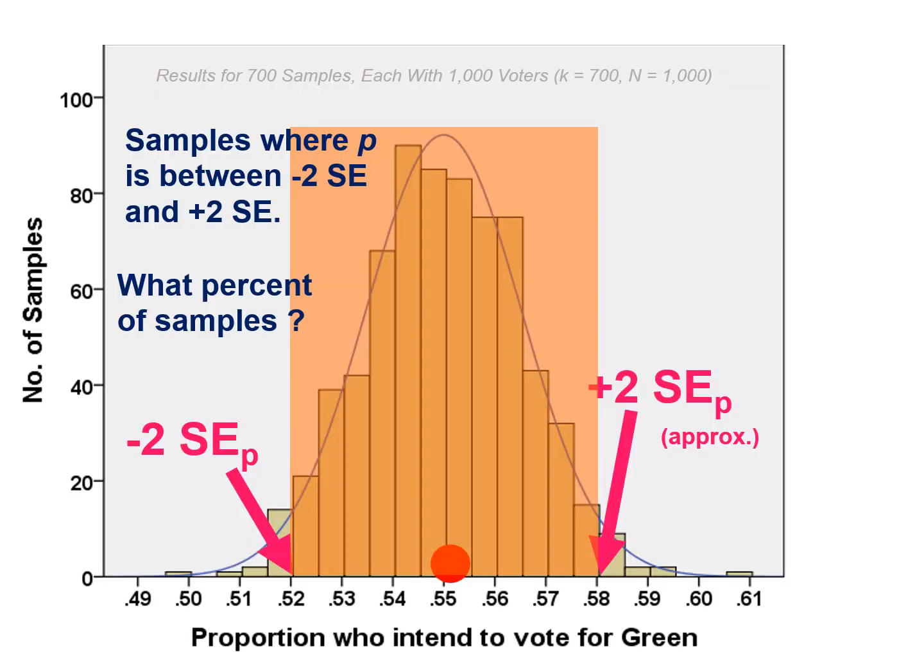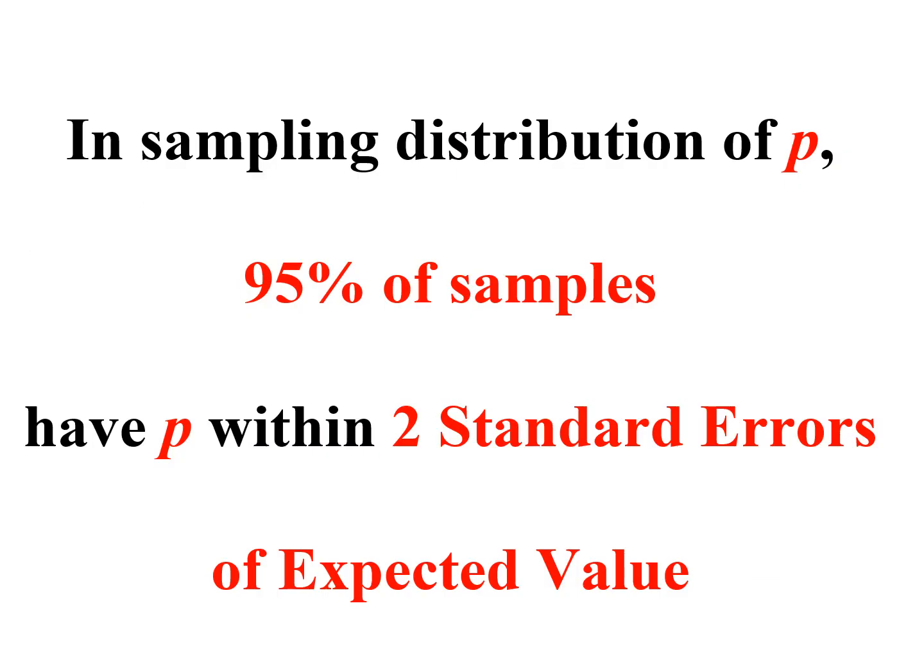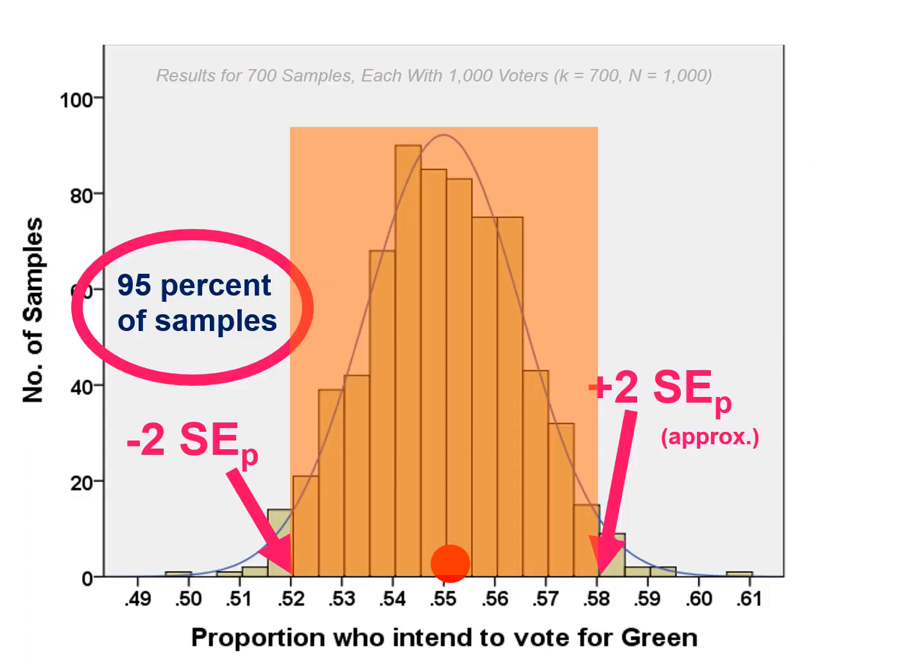So again, what percent of the samples have a p-value within two standard errors from pi? In a sampling distribution of p, 95% of samples have p within 2 standard errors of the expected value, or from pi. So 95% of samples fall within this rectangle, or 2 standard errors below or above the mean, or pi.